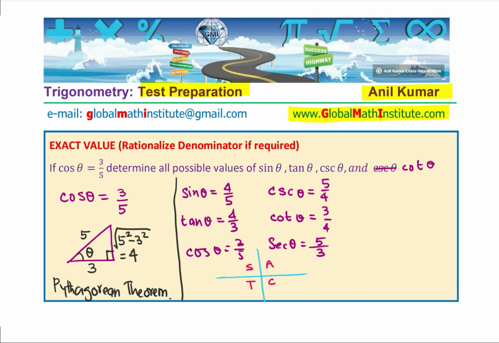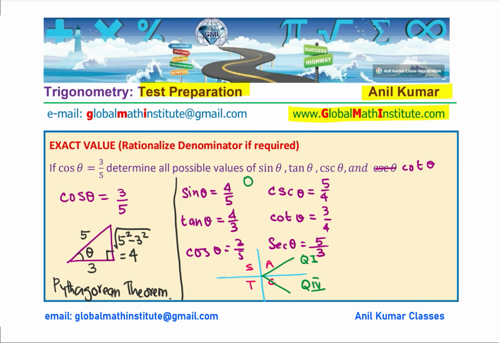When I say cos theta is 3 by 5, I really mean that the angle theta could be in quadrant 4 also. Do you see that? So in quadrant 1 and in quadrant 4. Basically, the solutions you gave were only for quadrant 1. You still have to provide solutions for quadrant 4. You get the idea?